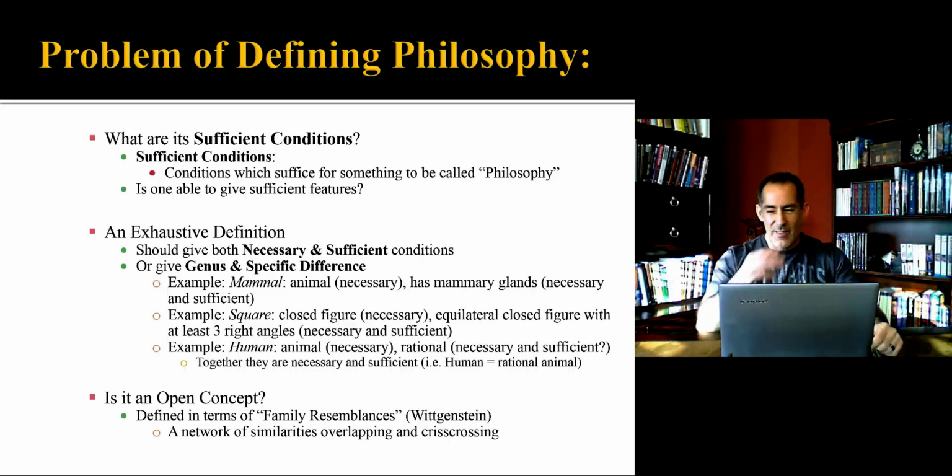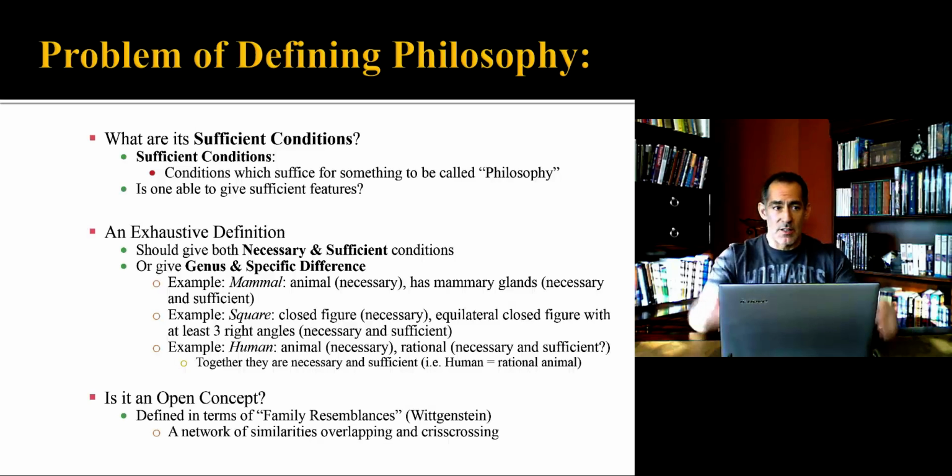Okay, so that's what we want to attempt to do with philosophy, and I'm not going to do this for you, but you could be considering, what do I need? What does it have to include for it to be philosophy, and how much of that is going to guarantee that I'm dealing with philosophy? And perhaps there's no possible way to do that. Maybe philosophy is an open concept. Wittgenstein talks about family resemblances.